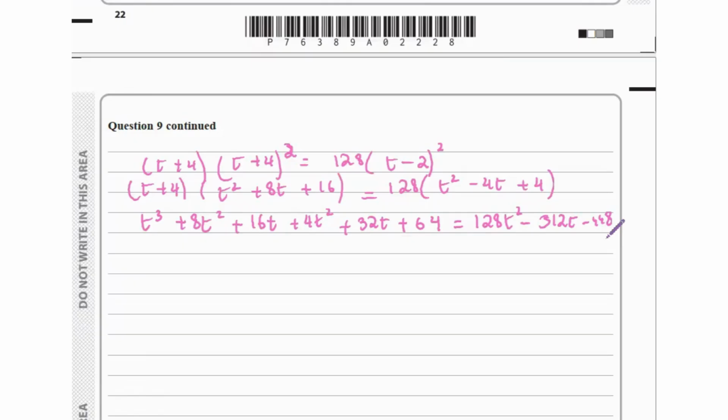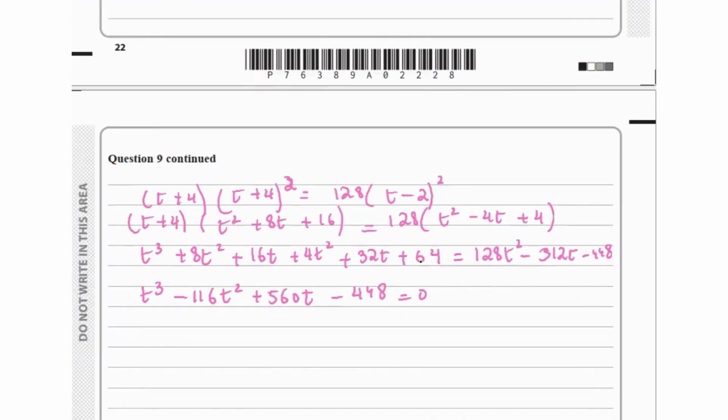Now we're going to bring everything on one side and then combine the like terms. So t cubed minus 116t squared plus 560t minus 448 equals 0.